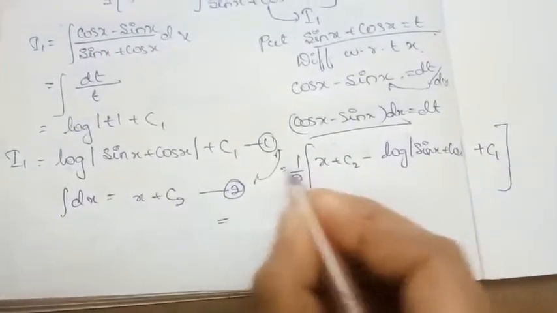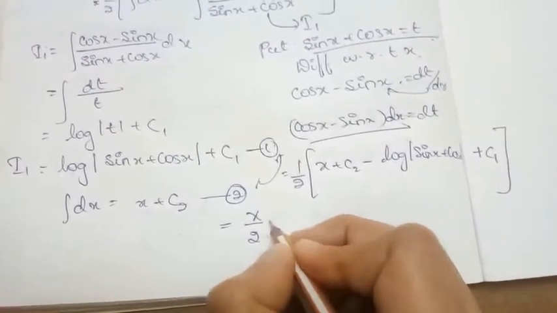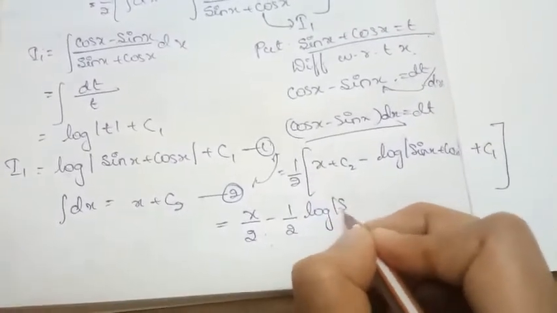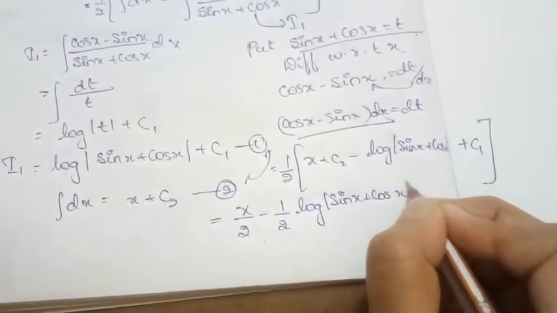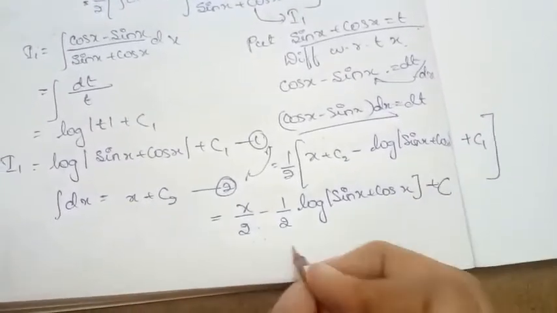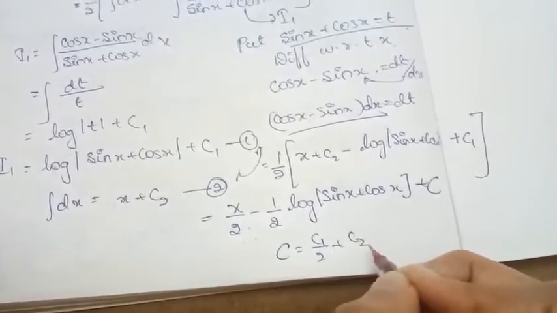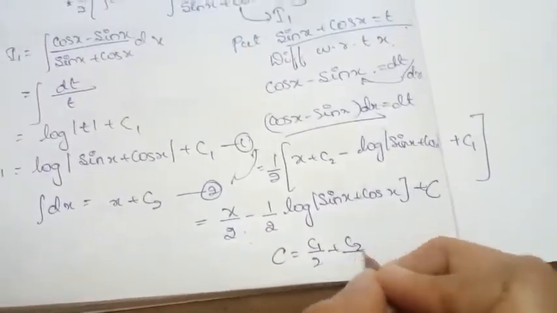Now I am multiplying this 1 by 2 inside the bracket. It becomes x by 2 minus 1 by 2 log of mod sin x plus cos x plus c, where that c is equal to minus C1 by 2 plus C2 by 2.